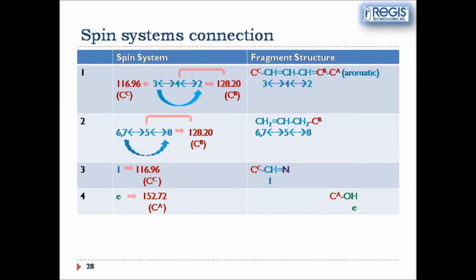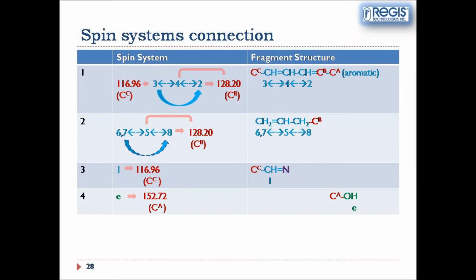And actually, it's exactly the same carbon as here. Spin system 3 is connected to the quaternary carbon CC from this correlation. And again, this carbon is also there. The exchangeable proton is connected to the quaternary atom A, and the quaternary atom is here.